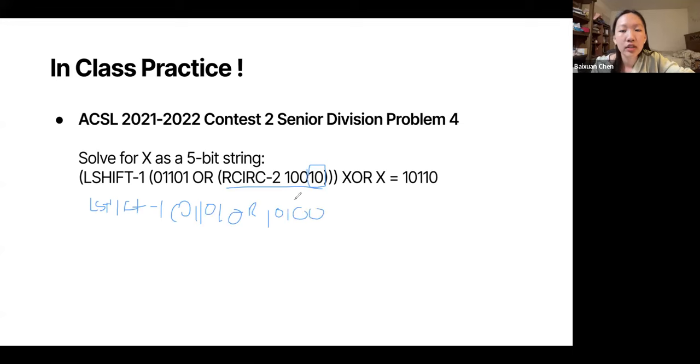Because we took the last 2 digits from the right and we added them to the front. Okay, and then following parentheses, we have to solve for 0, 1, 1, 0, 1, or 1, 0, 1, 0, 0.